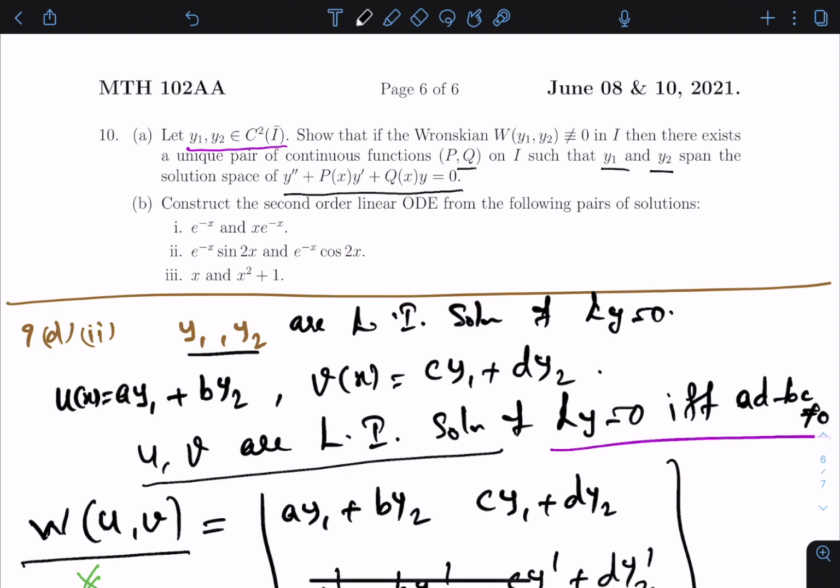What is being given is two functions. Now you need to find the P and Q such that this y1 and y2 generate the solution space, because it's a second order equation and it's a homogeneous equation.